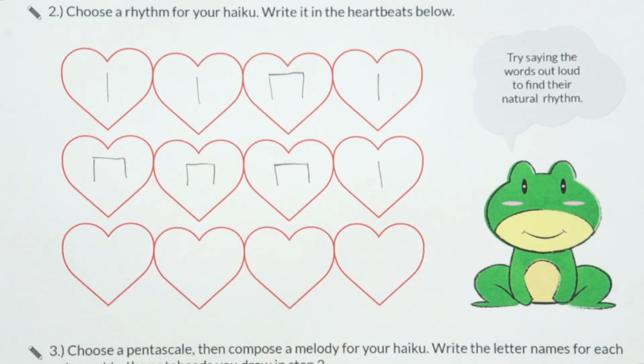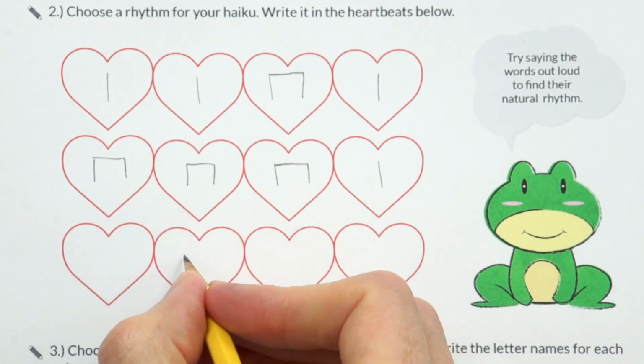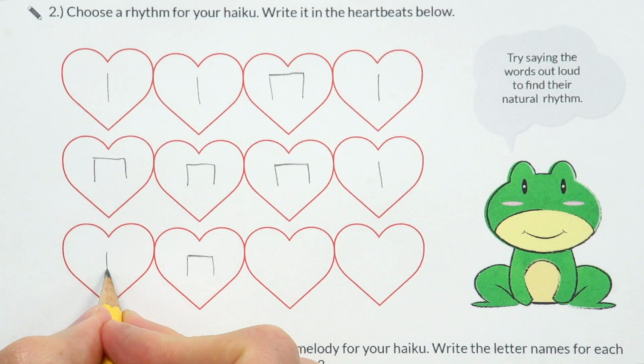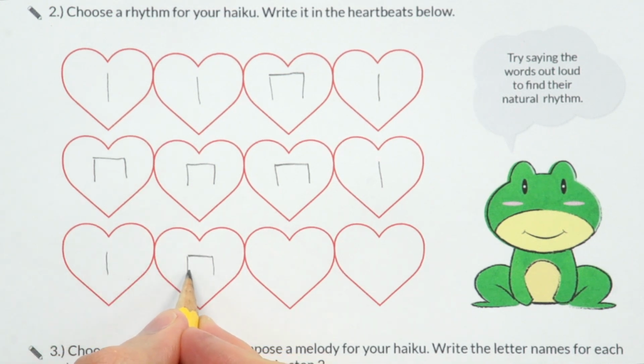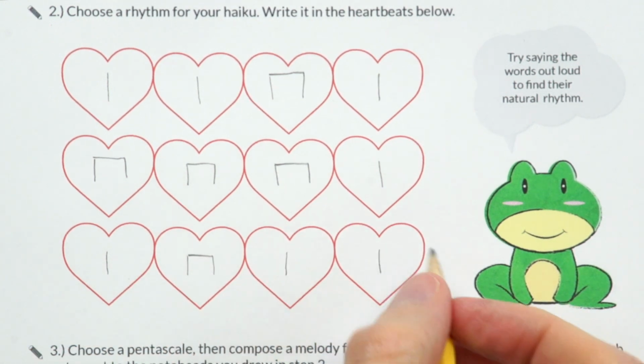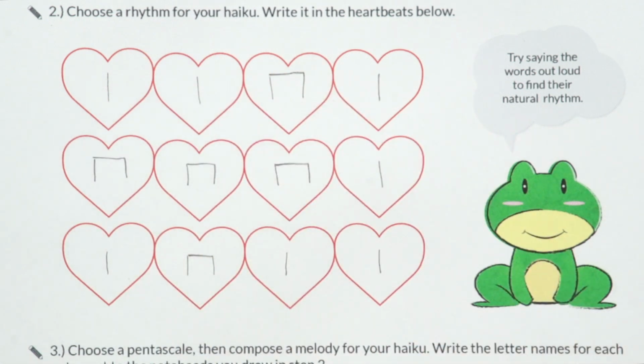Which beat had more than 1 sound in it? Even in summer. It was right here. The first syllable of the word even was right here, and then the next syllable goes over into this beat. Even in summer. Now I have the rhythm for my haiku.